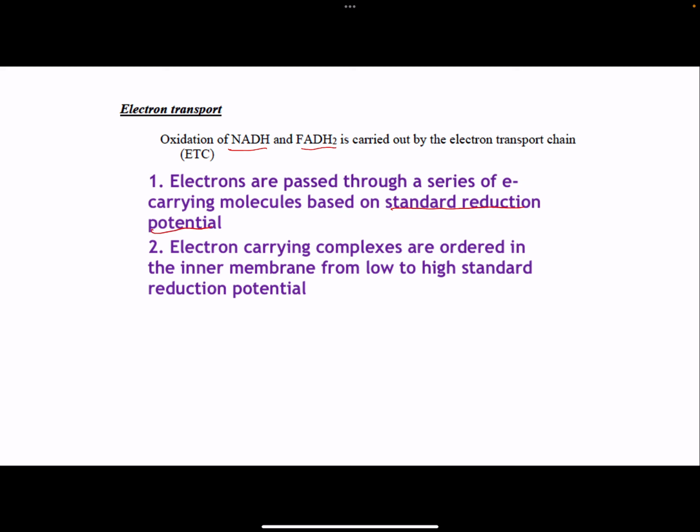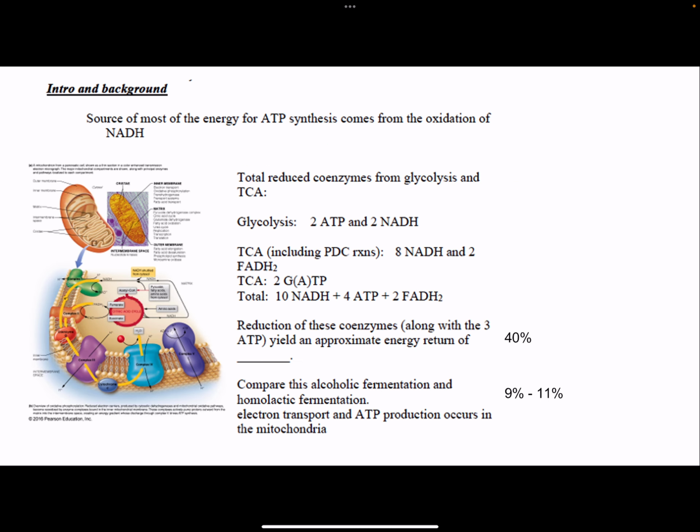So we will see that in the coming slides. Number two, these electron-carrying complexes are ordered in the inner membrane from low to high standard reduction potential. And we're going to see why this is a very, very important property in the next slides.